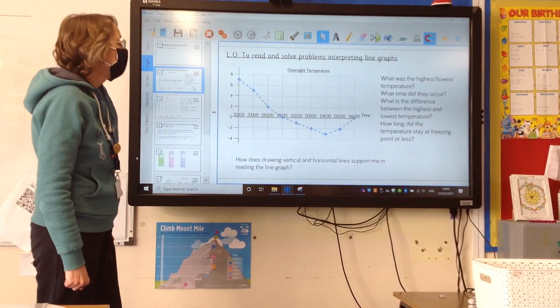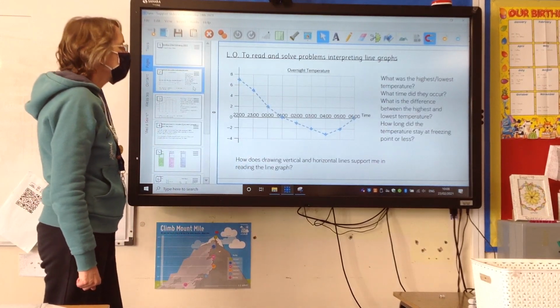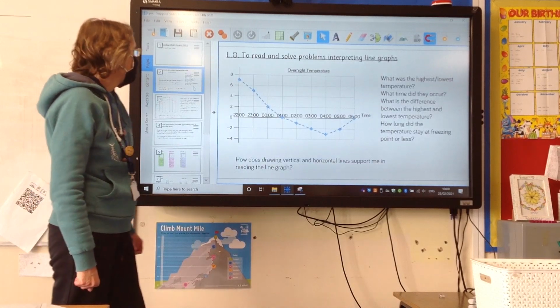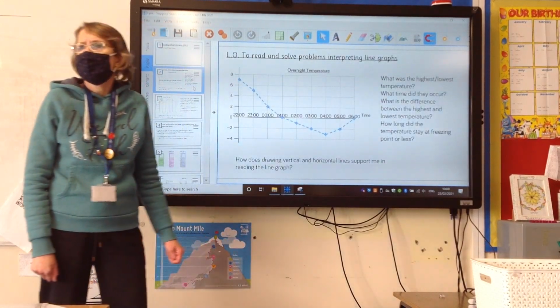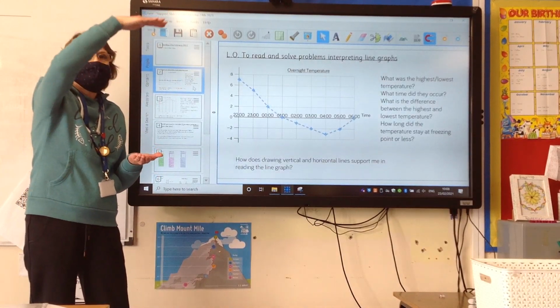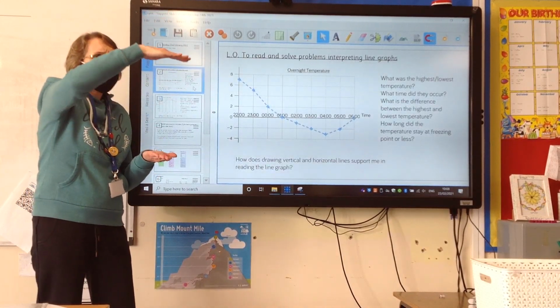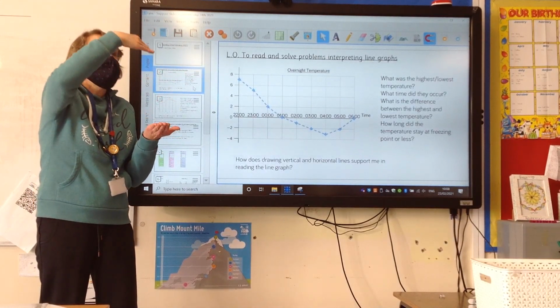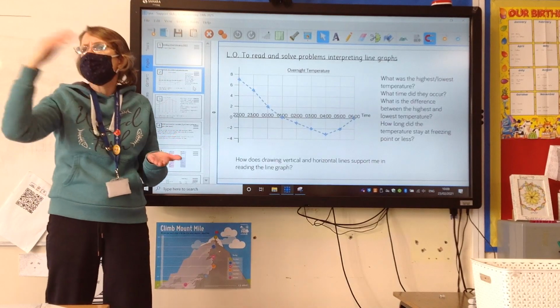Good. Okay. What's the difference between the highest and the lowest temperature? So from -3 right up to 7, how many degrees has it travelled from -3? -2, -1, 0, right up to 7. 11.